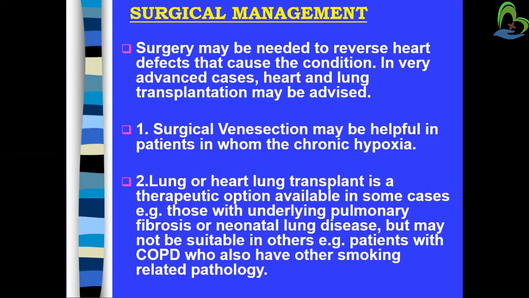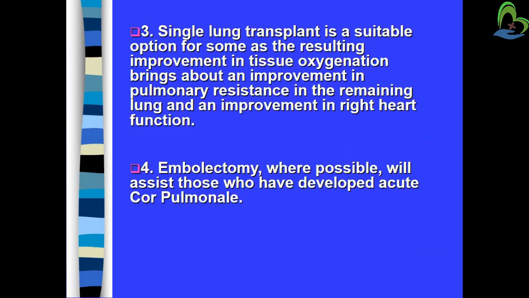Heart-lung transplantation is a therapeutic option available in some cases, for those with underlying pulmonary fibrosis or neonatal lung diseases, but it may not be suitable if the patient already has chronic obstructive pulmonary disorder, where he might be addicted to smoking or have other pathological changes.